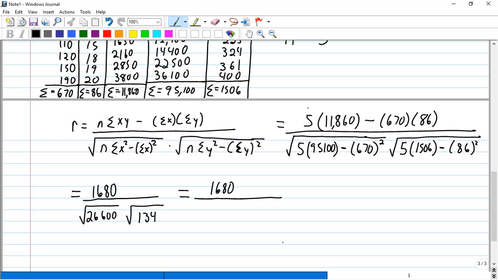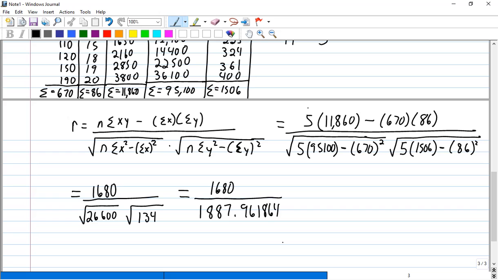So the square root of that times the square root of 134. And I got this number, again carried out to a couple of decimal places, because this is a formula, and the fewer decimal places we have when we use a formula, the bigger margin of error we're going to create.